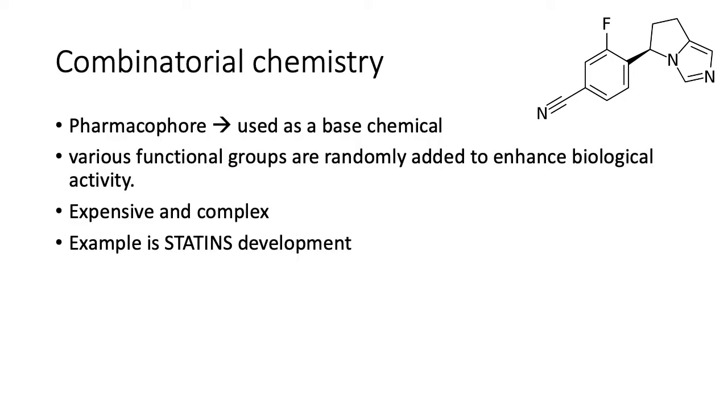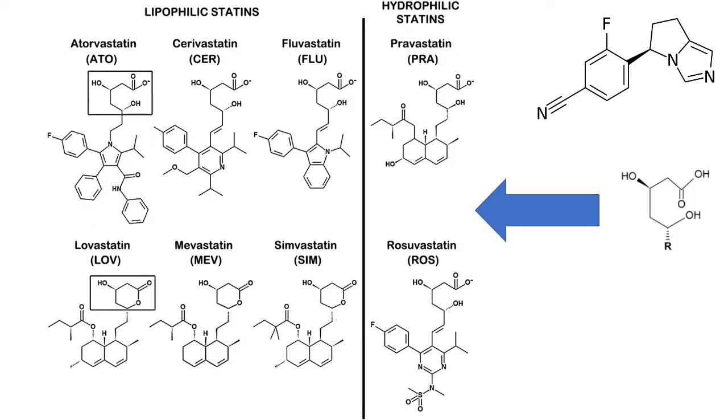In the combinatorial chemistry approach, scientists use a molecule called the pharmacophore, which is the minimal requirements for a drug to be effective in a certain condition, and they use it as a base for a chemical. So they add multiple functional groups to it and test for their activity. This approach was used to develop statins.